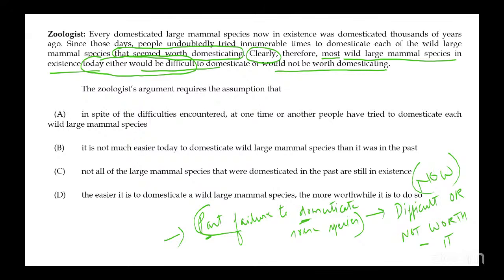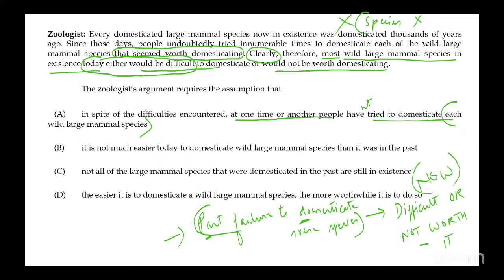So maybe there is a species X, which to them did not seem worth domesticating, and they left it. They are not even trying, right? So A says, at one time or another, people have tried to domesticate each wild large mammal species. So if I deny this, no, they haven't tried species X. Will it hamper the argument?